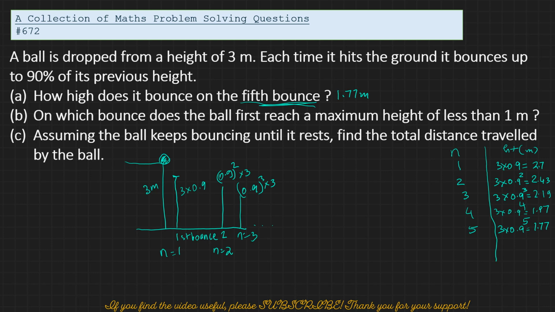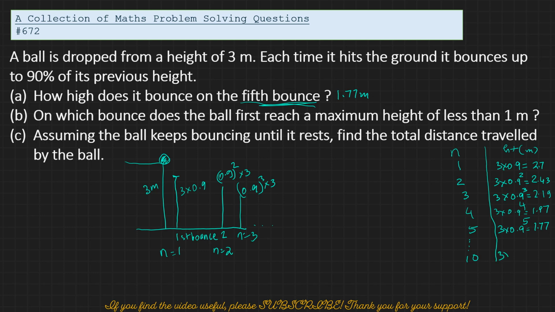So the next question is, on which bounce does the ball first reach a maximum height of less than 1 meter? So as you can see, this is a decreasing sequence, so 2.7, 2.43, 2.19. So it's decreasing. So if we continue, it will be less than 1.77. So suppose we do n equals 10, what do we get?